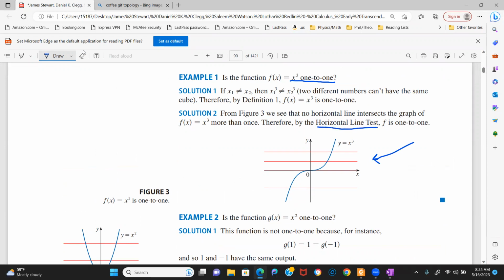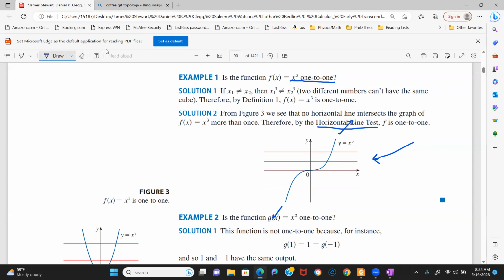The horizontal line test is not as rigorous though, because the problem with relying on human perception to prove things is that it's not reliable. This is what the function looks like on this small window right here. But this function goes off to negative infinity down here, and then it goes up to infinity up here.